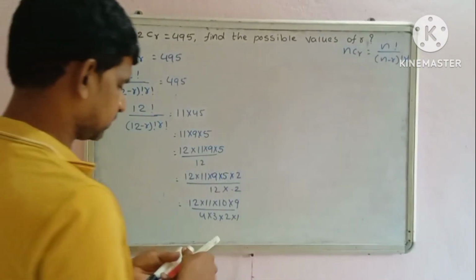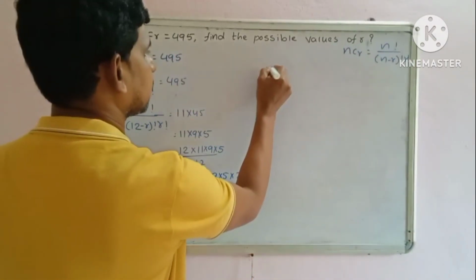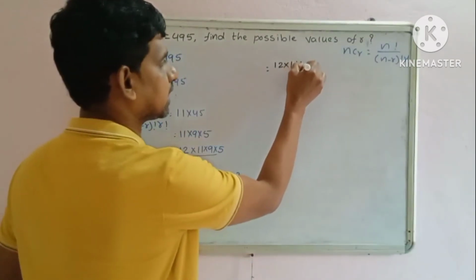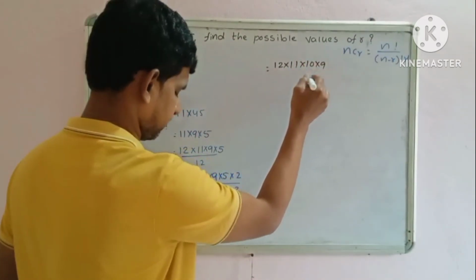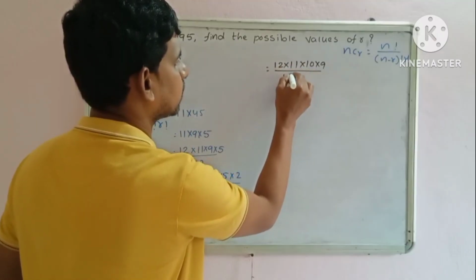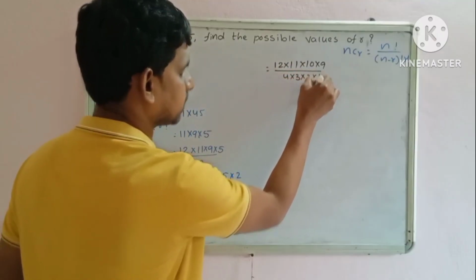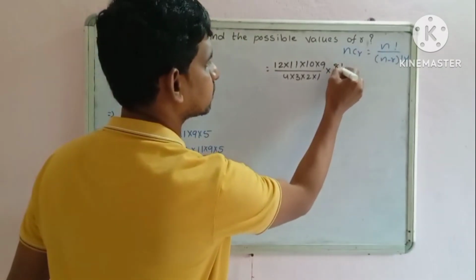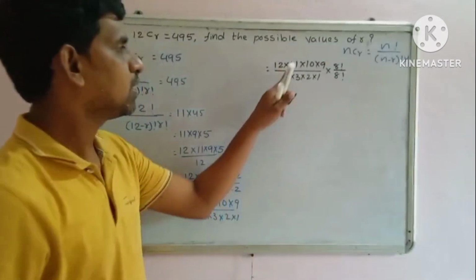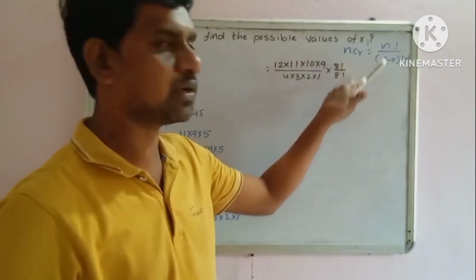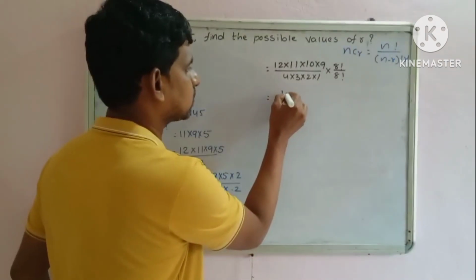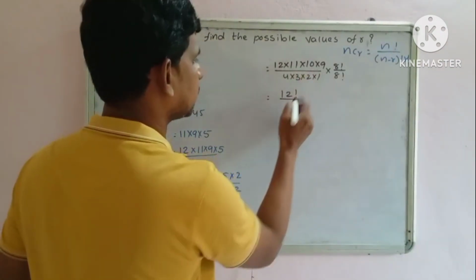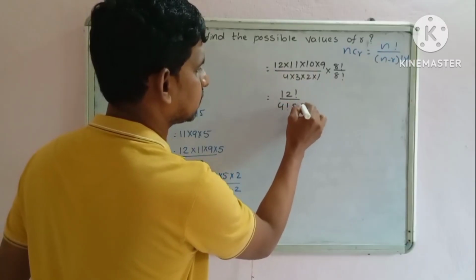So now 12 times 11 times 10 times 9 by 4 times 3 times 2 times 1. Multiply numerator and denominator with 8 factorial. Now 12 into 11 into 10 into 9 into 8 factorial is 12 factorial, and 4 into 3 into 2 into 1 is 4 factorial into 8 factorial.